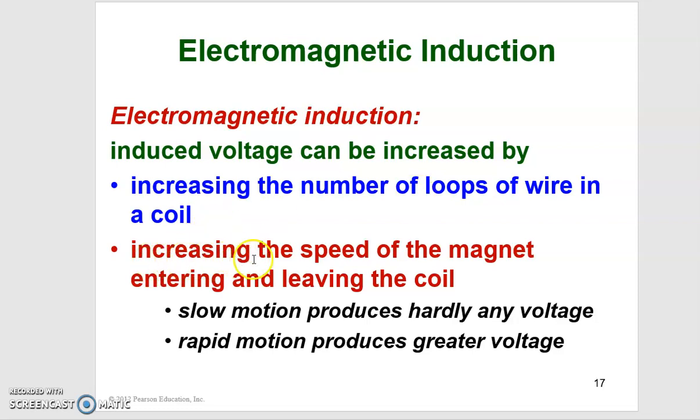It also depends on how fast the magnet enters or leaves the coils, which means how fast you change the magnetic field within the region. Not a surprise: if you have a slow motion of the magnetic field, you produce a very small induced voltage. But if you move the magnet rapidly into the coils, you produce a very big voltage.